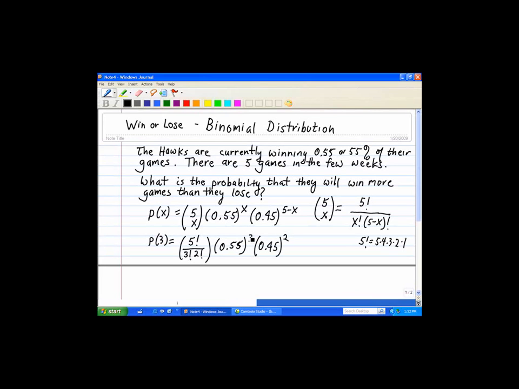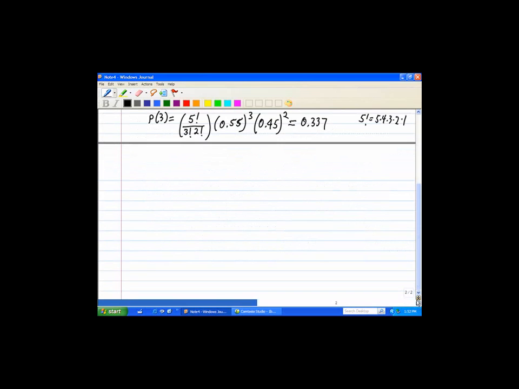One way to check is making sure that the number of events winning and the number of events losing is the total number of games, in this case 5. The probability of winning 3 in this answer is equal to 0.337. Now we need to calculate the probability of 4 and the probability of 5.